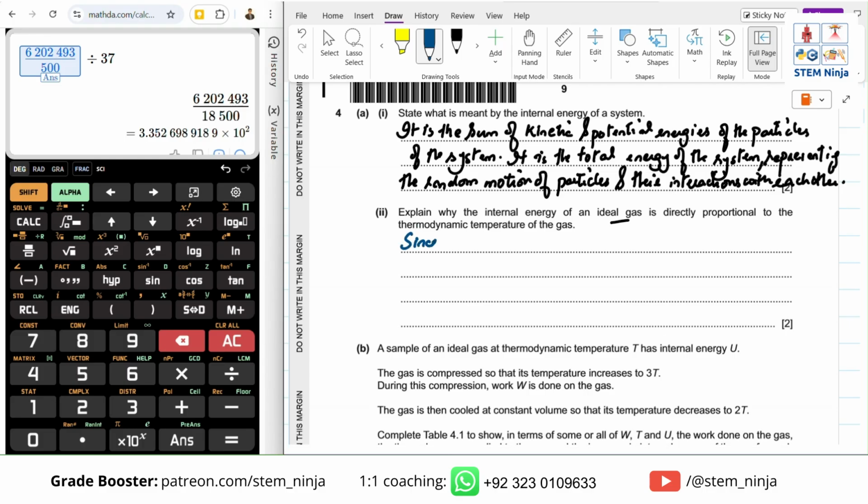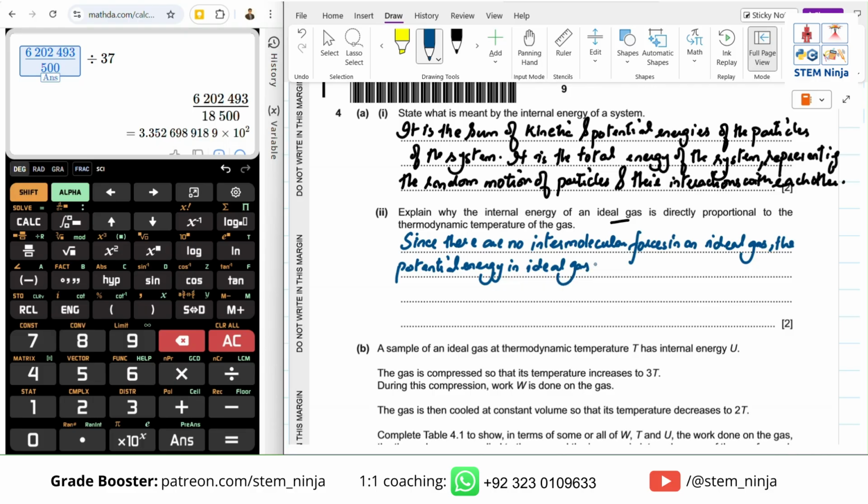Since there are no intermolecular forces in an ideal gas, the potential energy is zero.